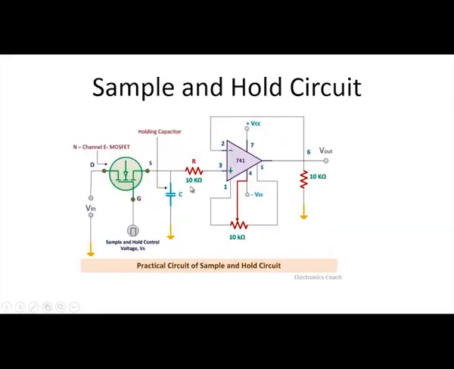So, this is the circuit of the sample and hold circuit. Here the input signal is given to an N-channel enhancement mode MOSFET, which acts as a switch, and this capacitor samples the input signal whenever the series of pulses is positive.